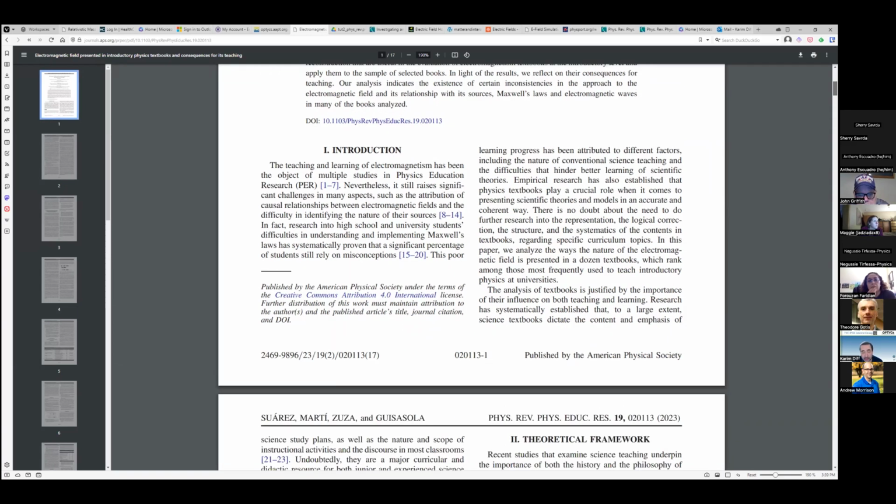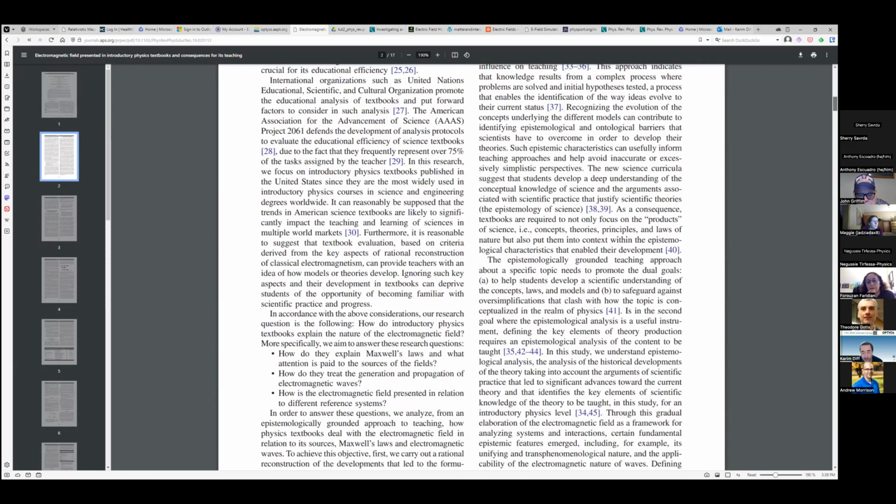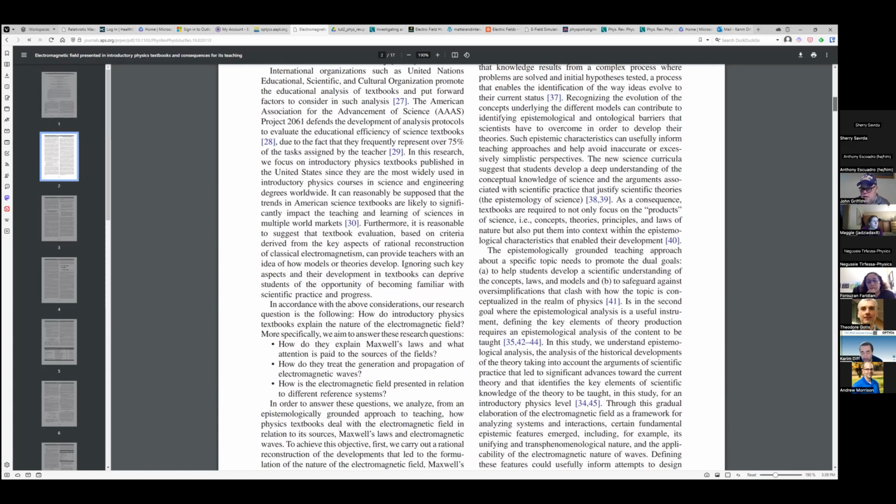They were looking specifically at Maxwell's equations and how the textbooks explain the relationship between the electric field and the magnetic field within the context of Maxwell's equations, and also the electromagnetic waves. How do the electric and magnetic fields of the wave connect with each other?